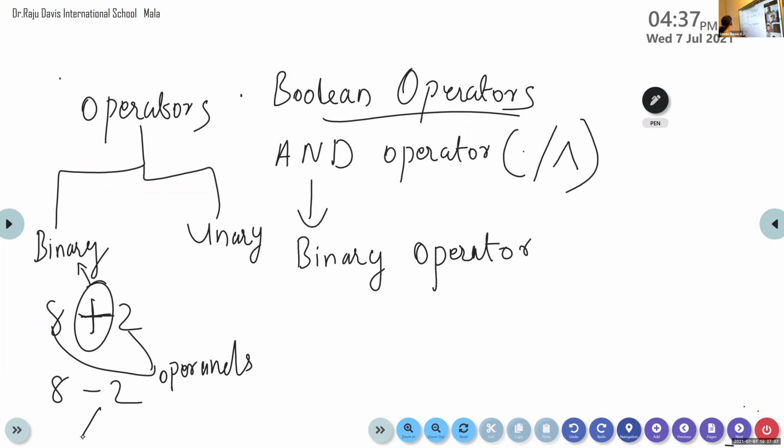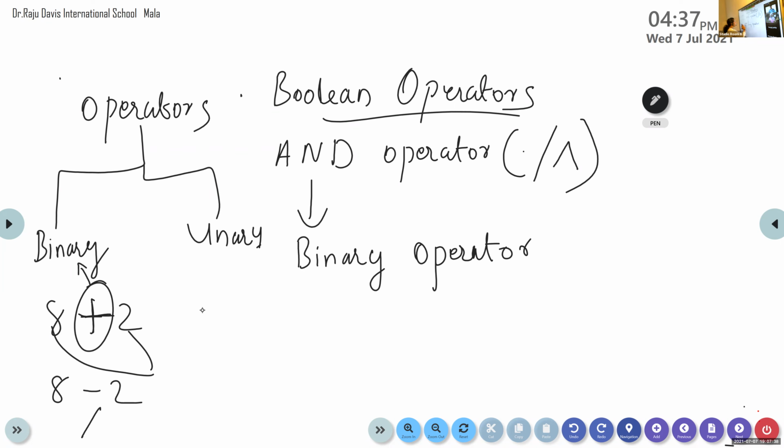Then what is unary? What is the word meaning of unary? One operand. A unary operator means an operator that needs one operand. Give one example for a unary operator. Increment and decrement operators.